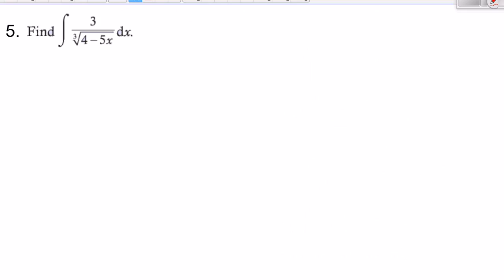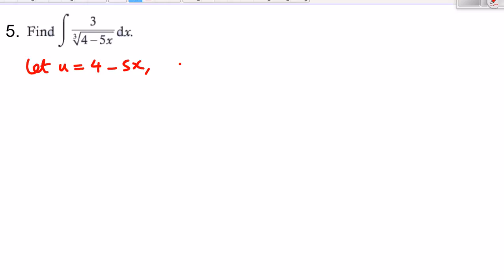Here's another question. The first thing you need to do again is let u be equal to 4 minus 5x.